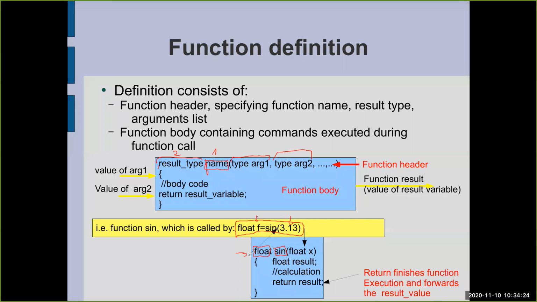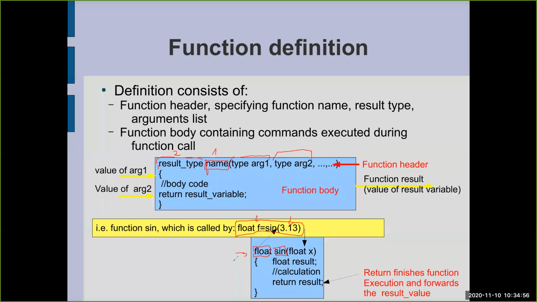This is called a function header. So this is the header, the first line of the function. Comparing to main, you have the main, its name, its type is int, so the result is 0, 1, or so on, and input arguments are argc, argv.